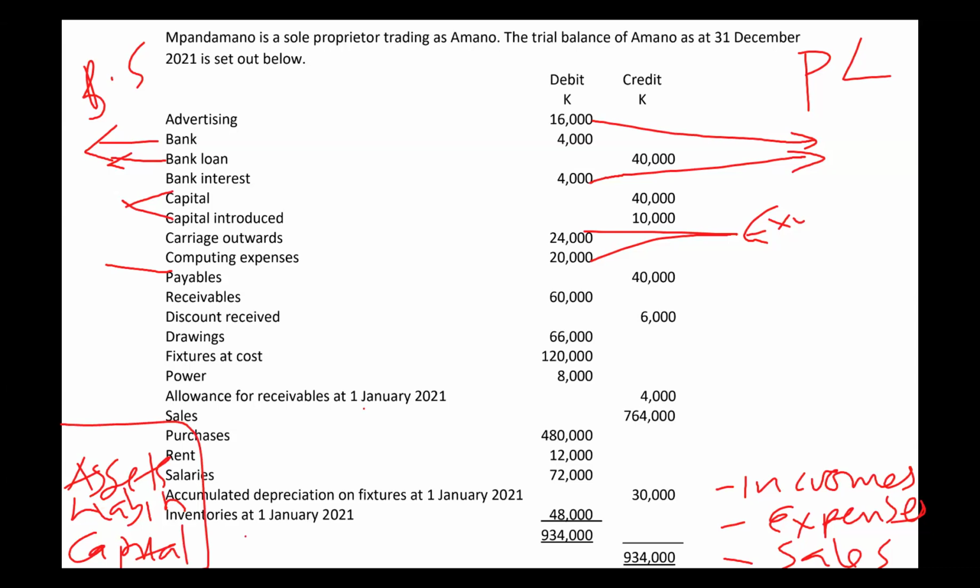What about receivables? Receivables goes to the balance sheet under current asset. Okay. Current asset, balance sheet. Discount received.